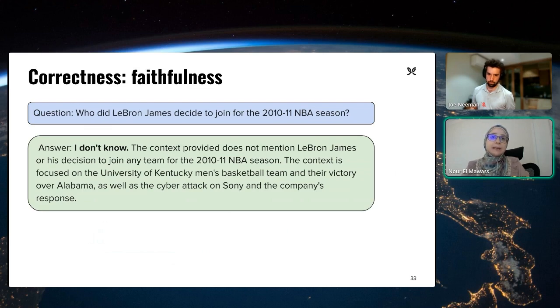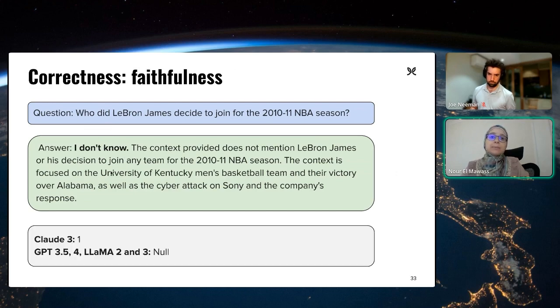In this case, you would expect the LLMs not to be able to extract any statements related to the question from the context or the answer. But in fact, this was not the case for all the models. For this particular example, Claude 3 gave us a faithfulness of 1 because it considered that I don't know is a faithful answer to a question where you don't have the context.